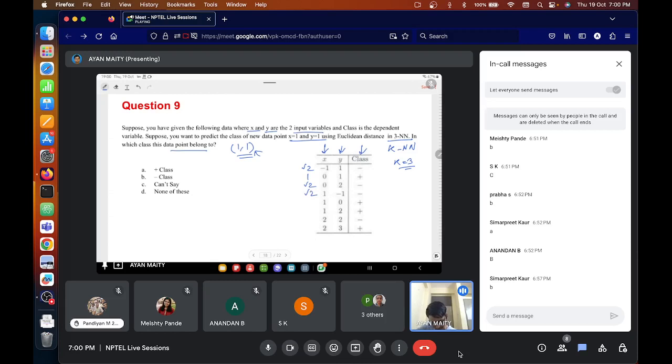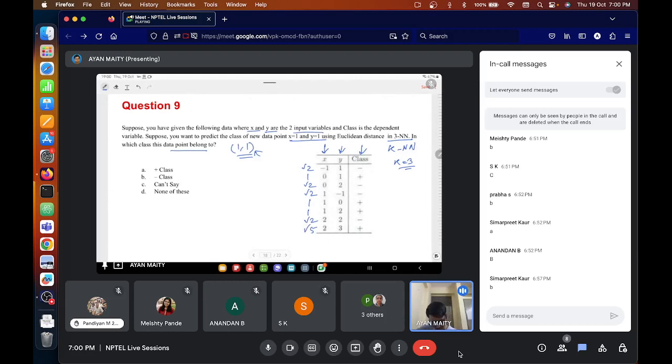For the fifth point the distance would be 1. Then for the sixth point the distance is 1 again, and then this distance is root 2, and for the last point the distance is root 5. I think this should be root 5, yes.